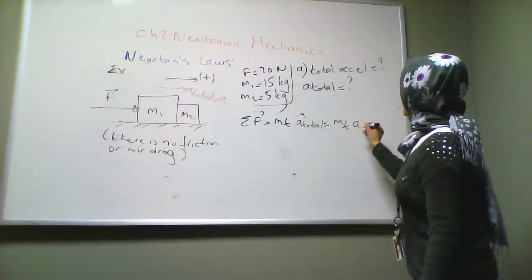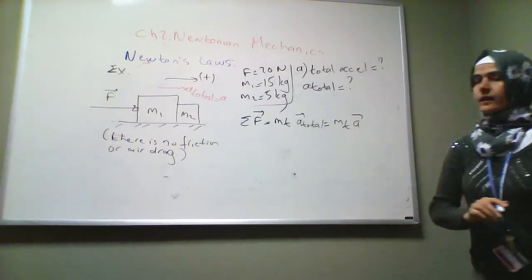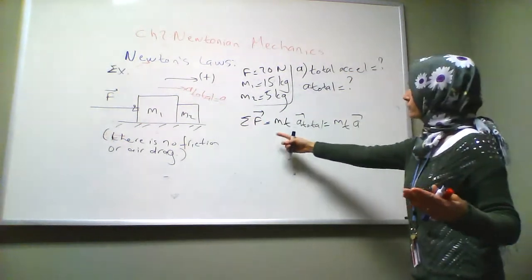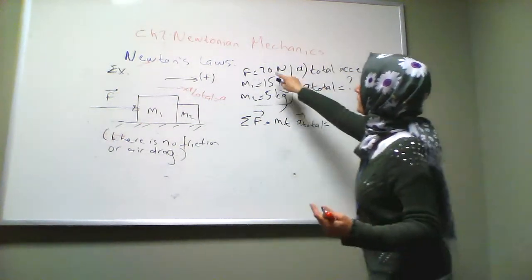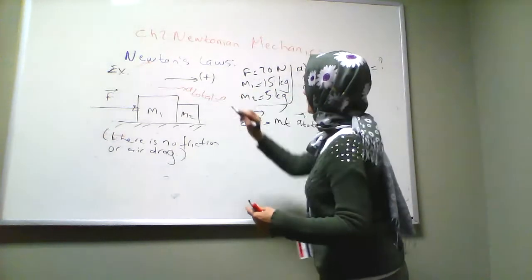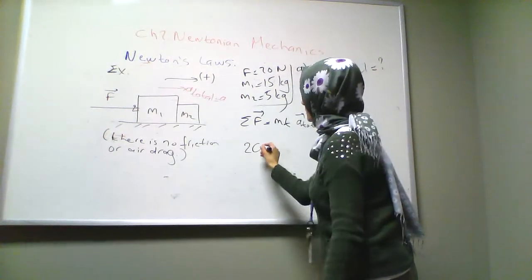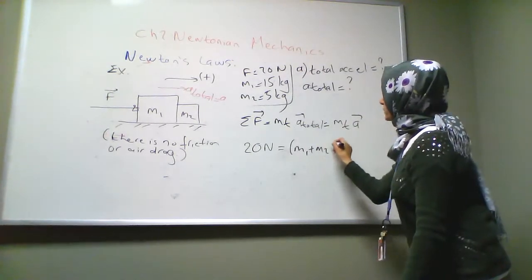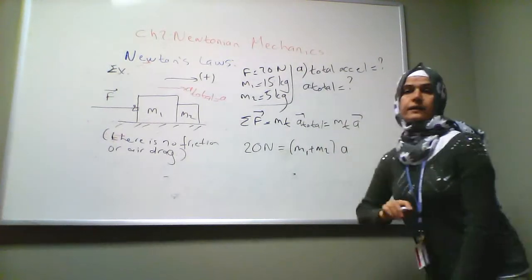So M total times A. Now moving into the magnitude formula, I know the magnitude of force. I have only one force, so my total force is only 20 Newton to the right. So I put this direction to be positive. 20 Newton is equal to M1 plus M2 times A.